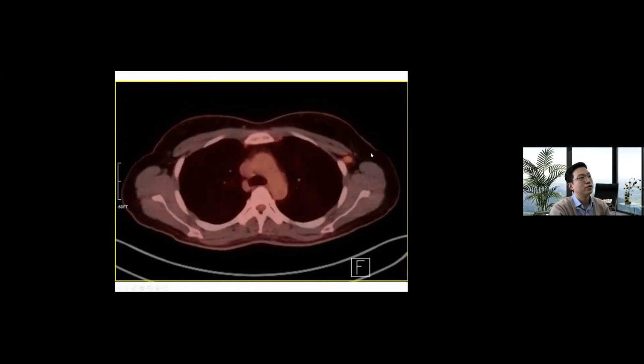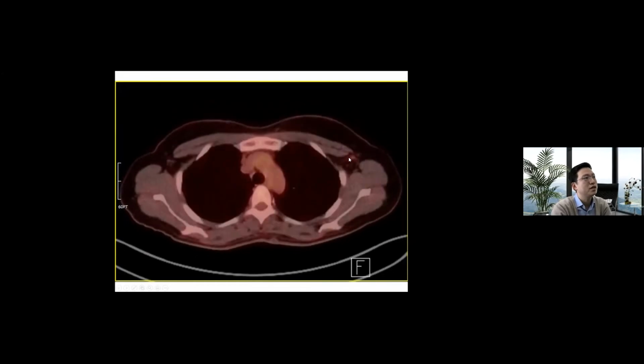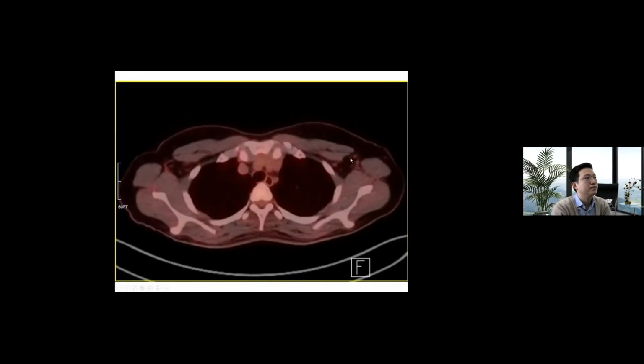When you go up, you can see the enlarged lymph node in the axillary level 1 area. This is level 1 because you can see the pectoralis major muscle here and minor muscle behind. So it's in the lateral part from the lateral border of the pectoralis minor muscle. So it's a level 1 lymph node.